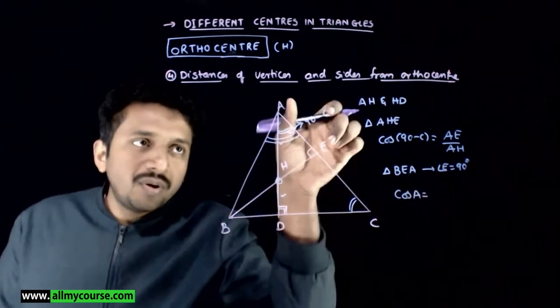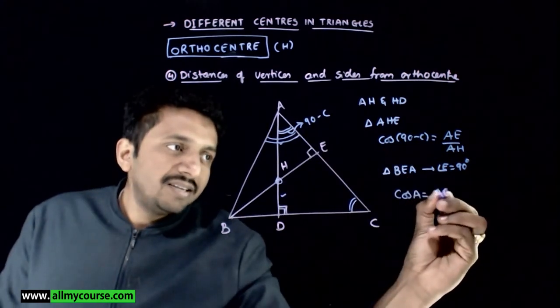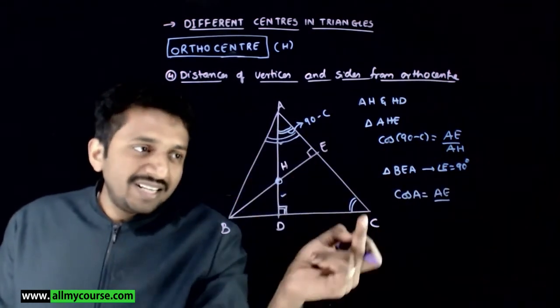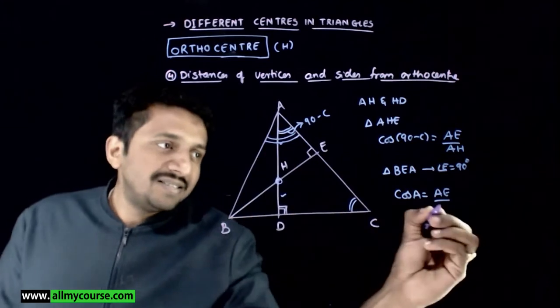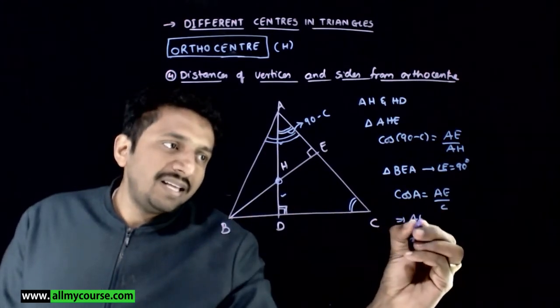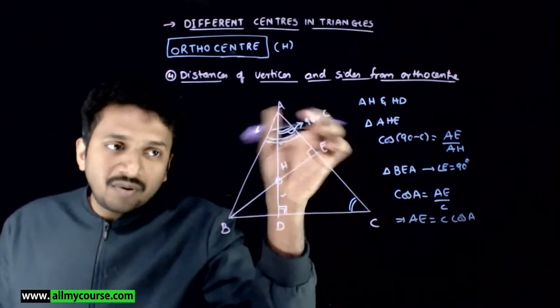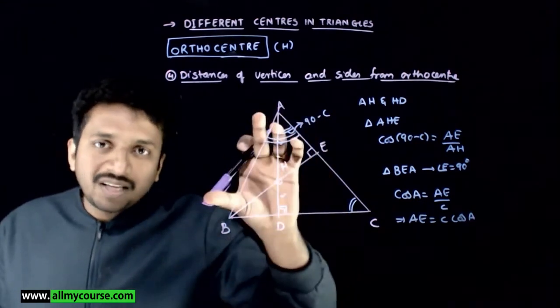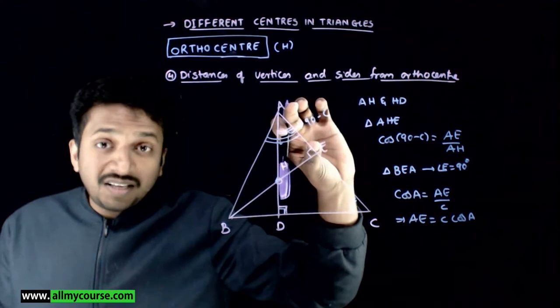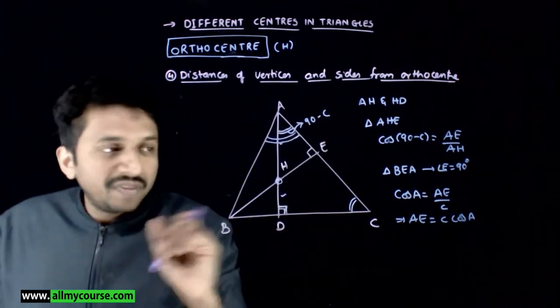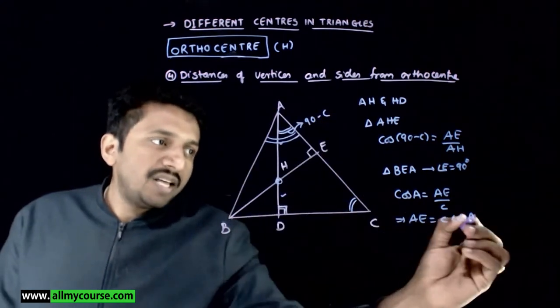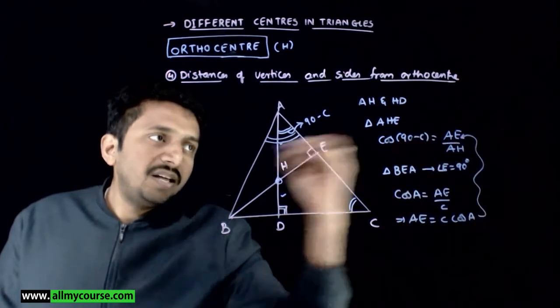Cos A is equal to adjacent side AE divided by hypotenuse, which is nothing but the total side C. This implies AE is equal to C cos A. That's the cos component of this. We have seen this in the projection rule also. So AE is equal to C cos A. We just need to put this here.